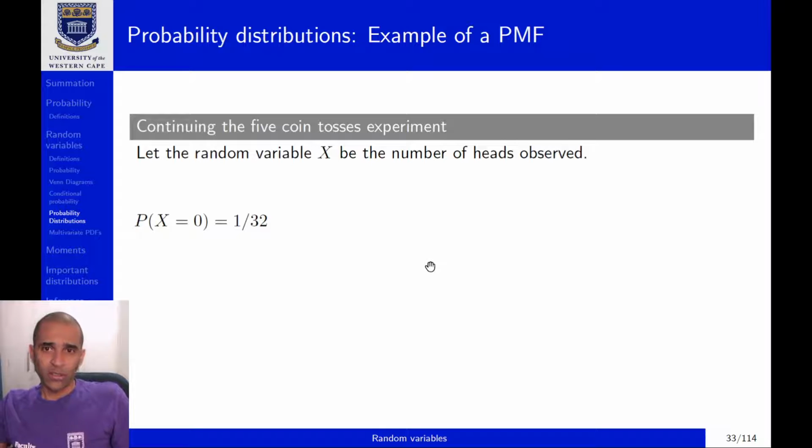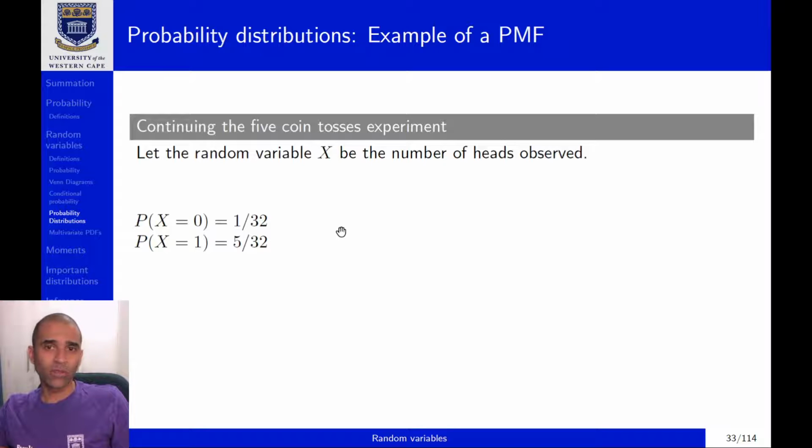And we can just list these outcomes. So here we have the probability that X equals 0, so we observe no heads. We know that there's only one way that that can happen, and that is if we observe only tails when flipping a coin 5 times, and therefore the probability we assign there is 1 over 32.